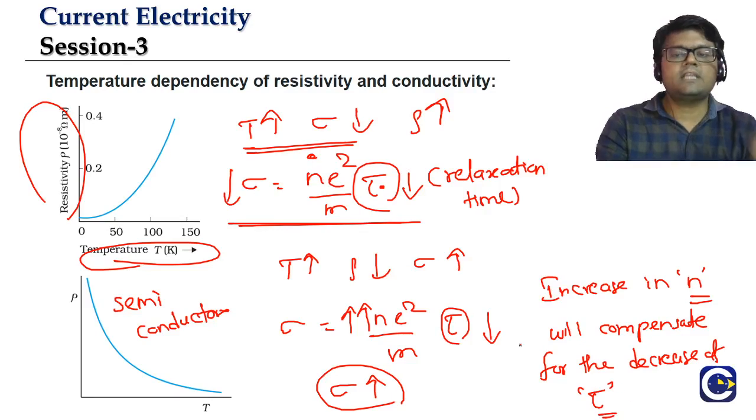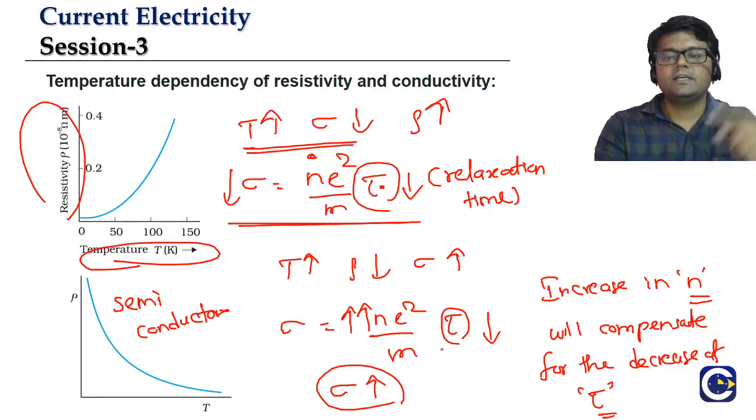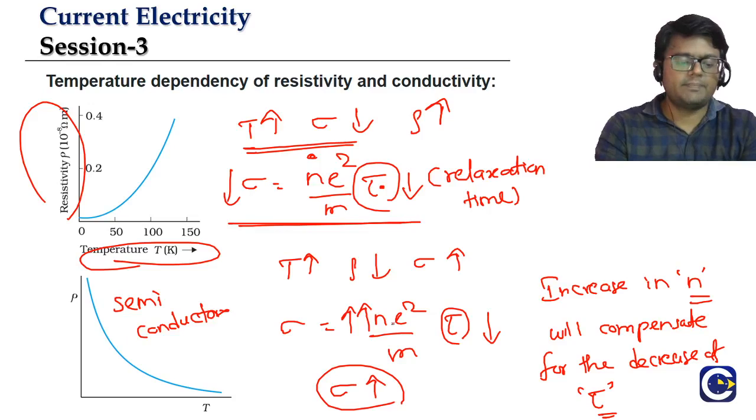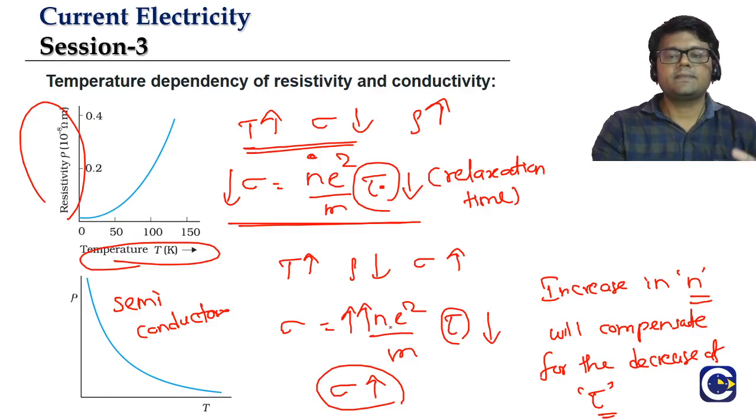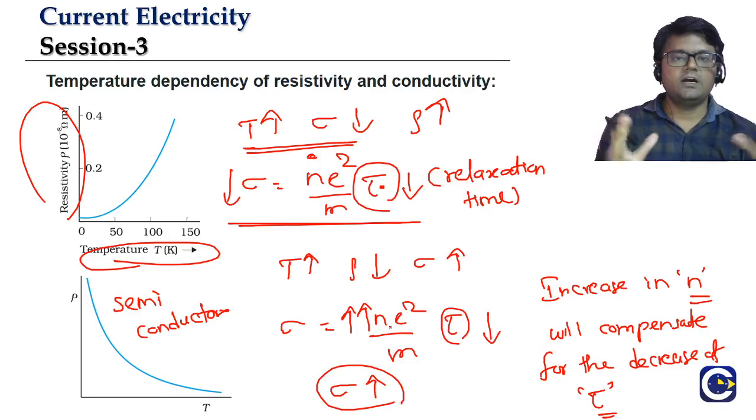In this case also the relaxation time is going to decrease, but the increase in number density will be many-fold. So as a result of it, what is going to happen? We will see that the sigma in case of the semiconductors will be increasing. So this is the reason for the difference in the behavior of metals and the semiconductors.